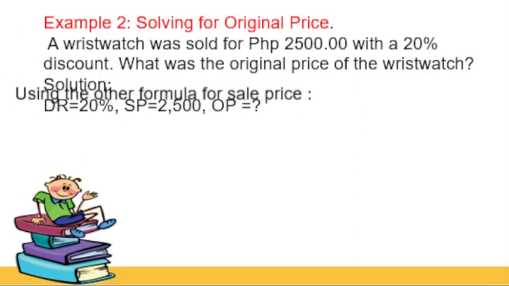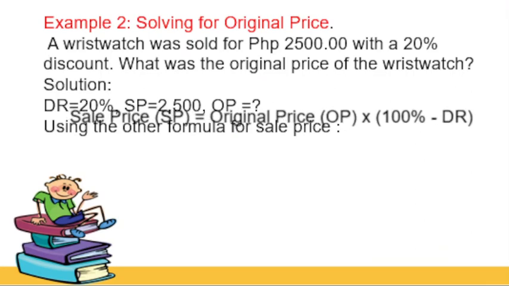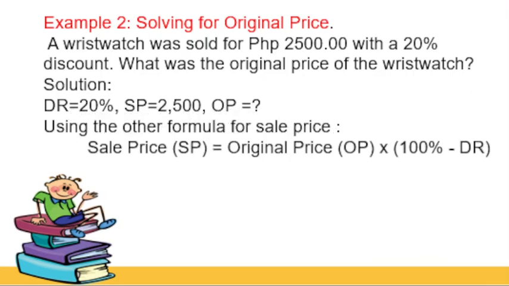So to show the solution or the formula, you have to write the sale price is equals to original price times 100 minus the discount rate. Okay, so you write it as SP is equals to OP times 100 minus DR. Again, where did 100 come from?